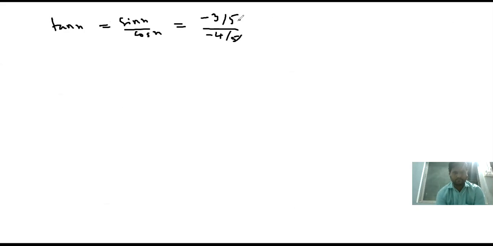By the definition of tan x, tan x is equal to sin x divided by cos x. We have sin x is minus 3 by 5 and cos x is minus 4 by 5. The 5 gets cancelled, so minus by minus is plus 3 by 4. This is the definition of tan x.